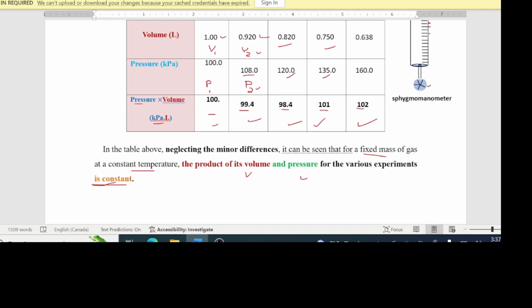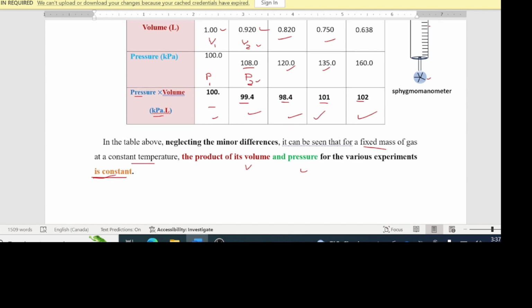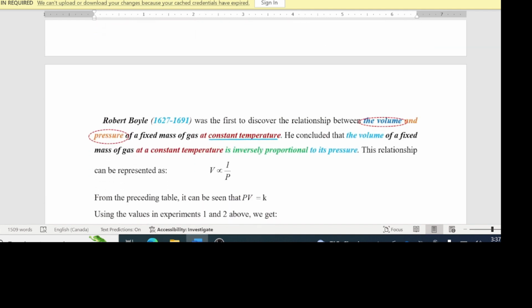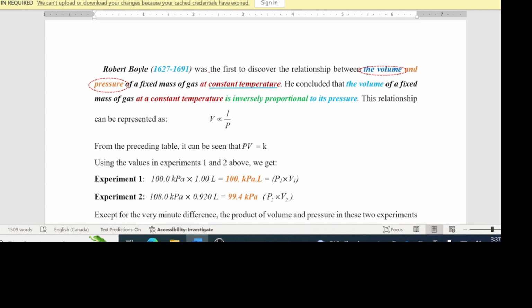we can safely say that when you multiply the volume and the pressure in each case, the product there is a constant. So Robert Boyle was the first scientist to discover the relationship between the volume and pressure of a fixed mass of gas at a constant temperature. He concluded that the volume of a fixed mass of gas at a constant temperature is inversely proportional to its pressure.